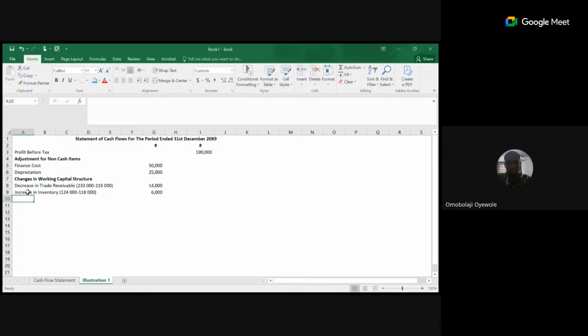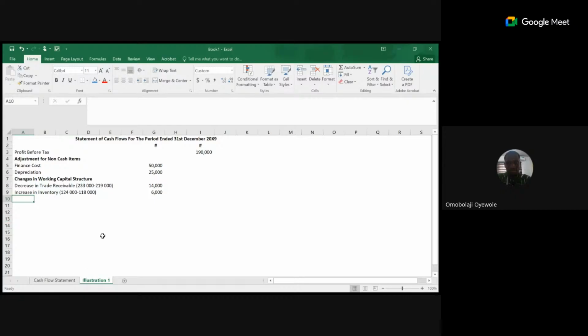Now, the next thing is trade payable. So if you look at our trade payable, on 1st of January it is 102,000, and trade payable as at 31st of December is 125,000. That's an increase in trade payable.